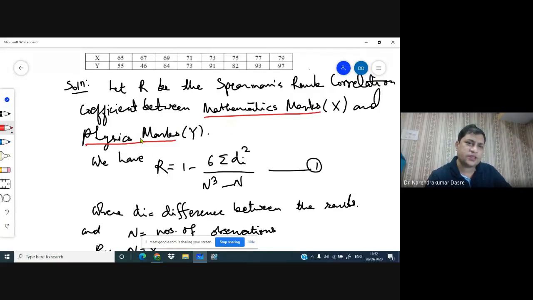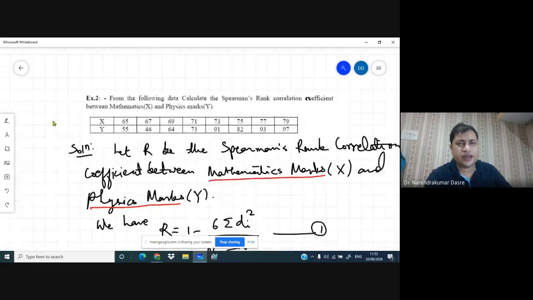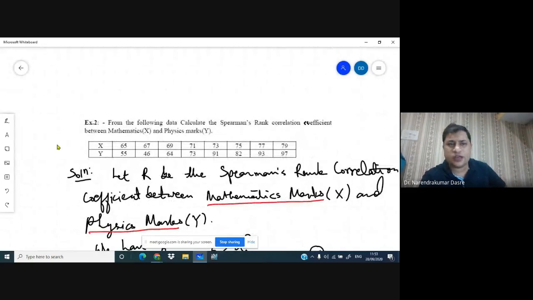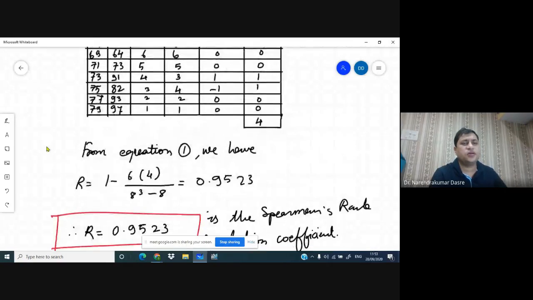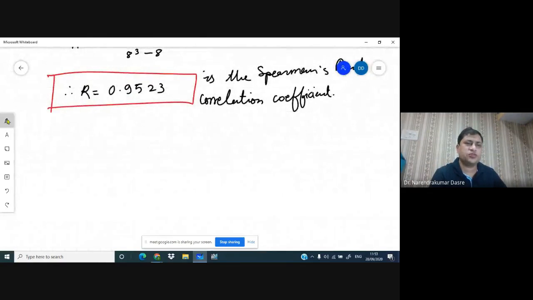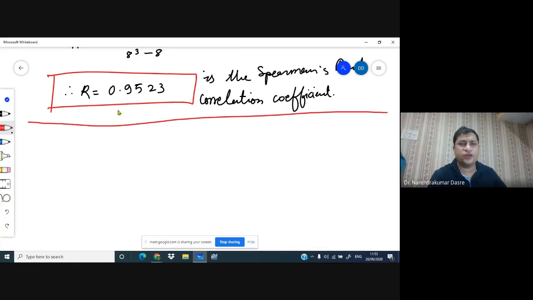So mathematics is X and physics is going to be Y. One thing you have to be careful about is that the rank correlation coefficient for XY is the same as for YX. It doesn't matter whether you write X first or Y first, this value is going to be the same.